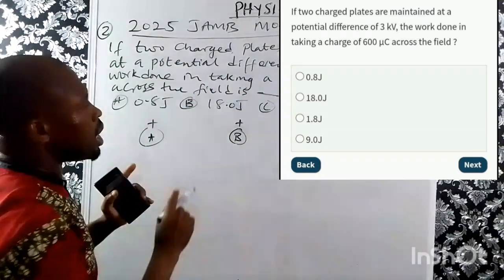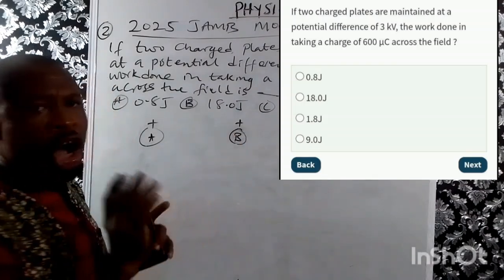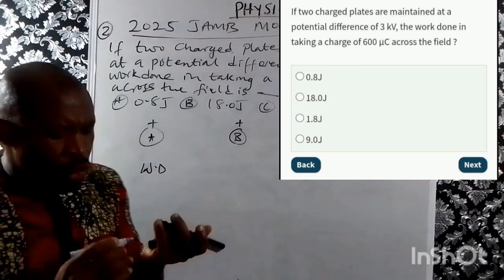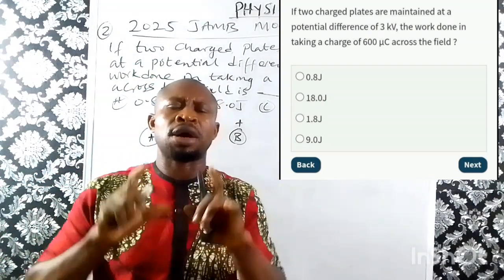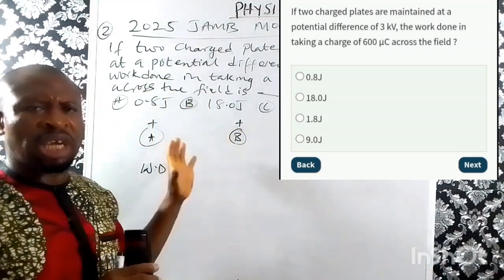So in order to maintain this charge, all you need to do is work done, and then this work done will now call to mind what potential difference is. Now this is all about potential difference.